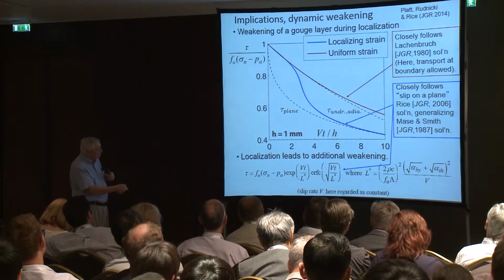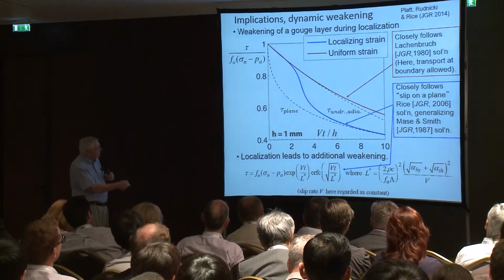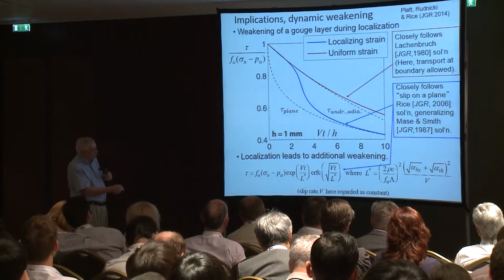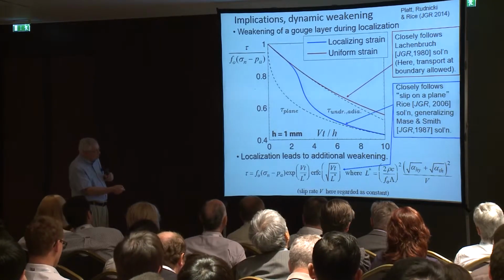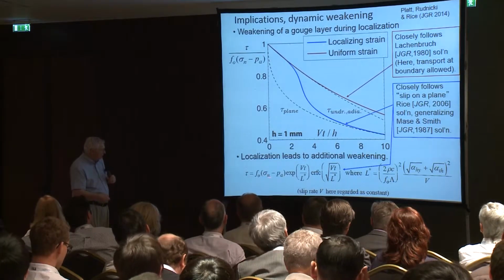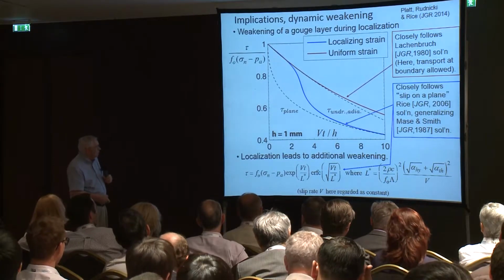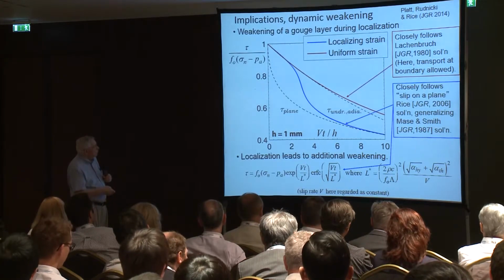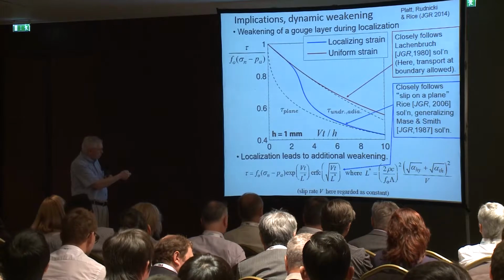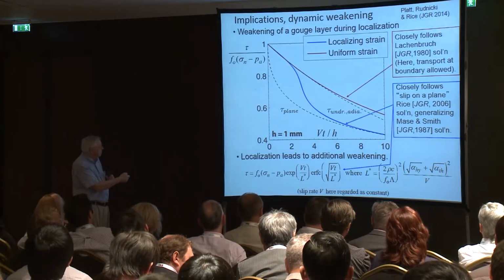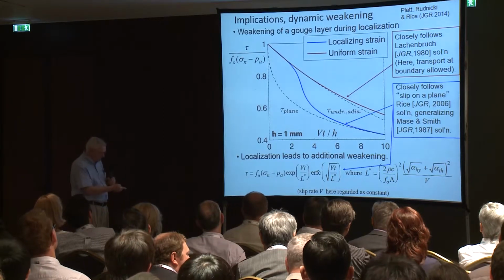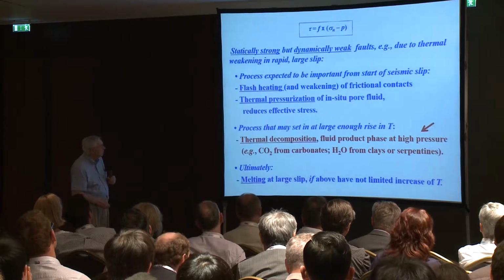So there's even more weakening than the Lockenbrook solution predicts, and this ultimately begins to look like the solution I showed you for slip on a mathematical plane. So that's the mathematical form of it, but it indicates that you really have very significant reductions of friction, from friction coefficients of the order of unity down to much lesser friction as sliding goes on.